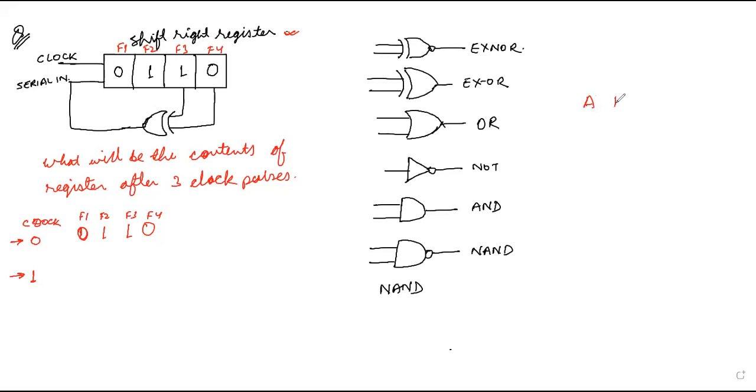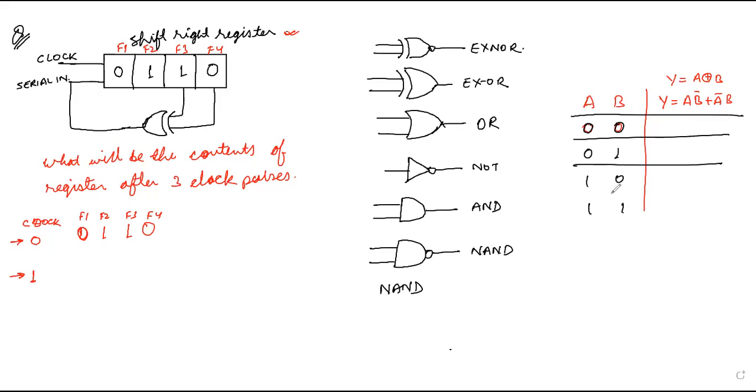If A and B are 2 inputs, the output Y will be A XOR B, which is A B bar plus A bar B, or Y is equal to A XOR B. For the combinations of A and B as 0,0, 0,1, 1,0, or 1,1, the output Y is 0 for the first case, 1 for the second, 1 for the third, and 0 for the last. So how will you get all these outputs?